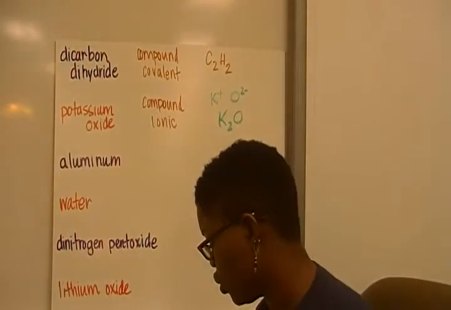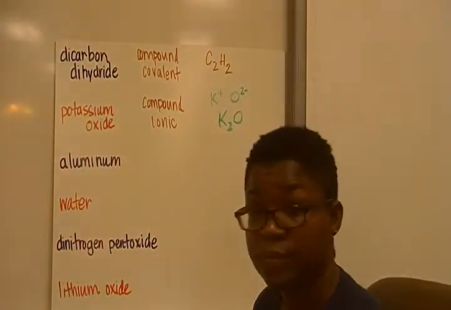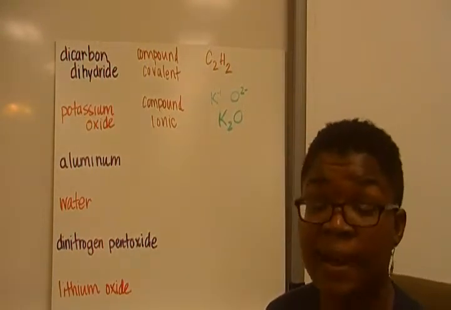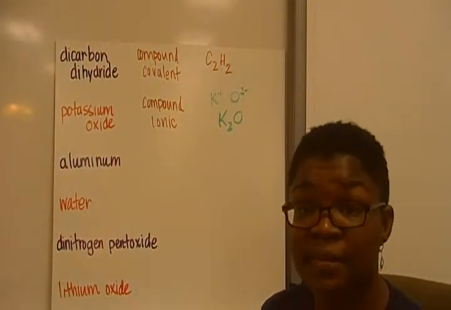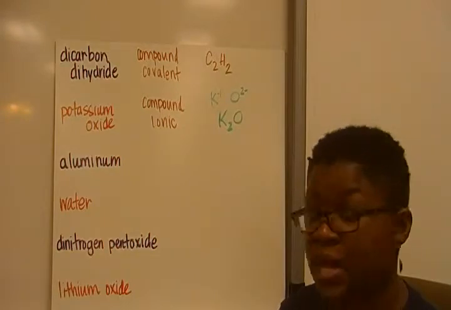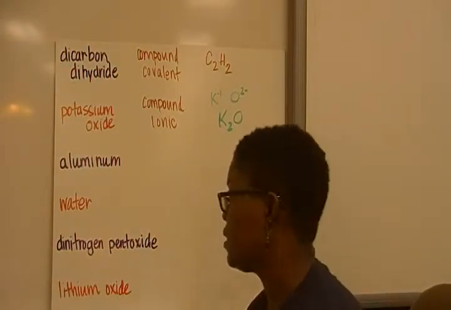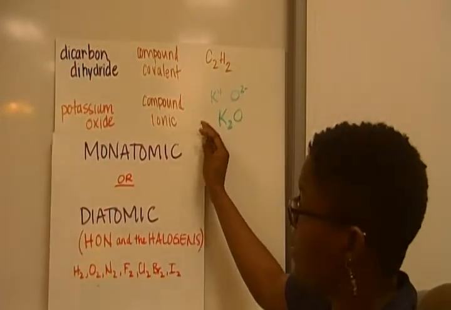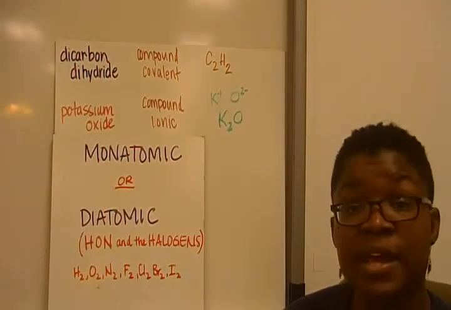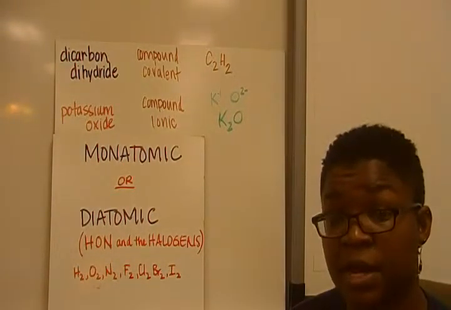Let's look at the next one, aluminum. Element or compound? Well, this one is an element. There's only one thing there. So then our question is, is it monatomic or is it diatomic? Monatomic elements comprise most of the elements on the periodic table.